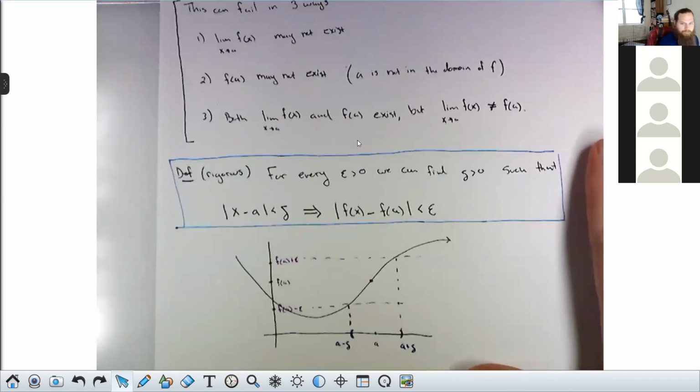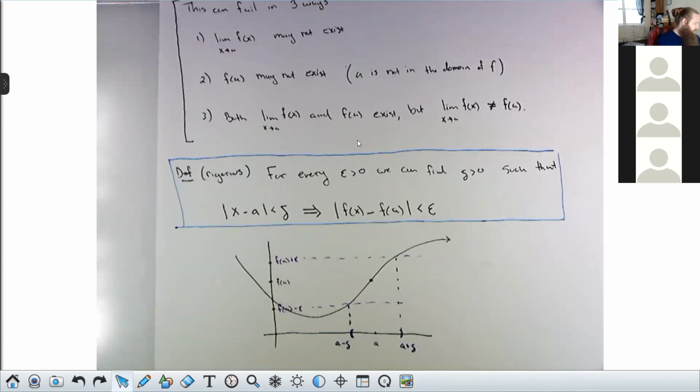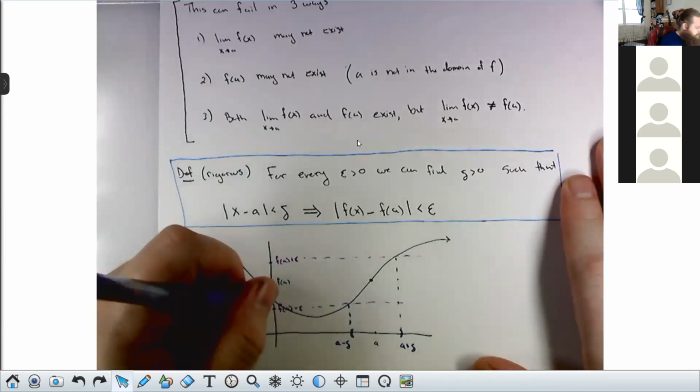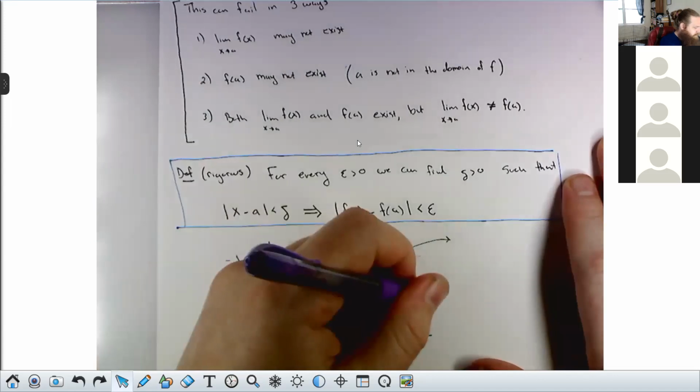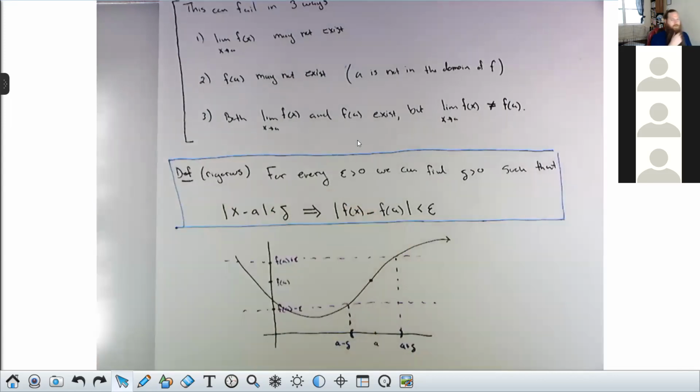The only thing that's changed between this continuity definition and the limit definition that we saw before is that L is f of a. That's it.